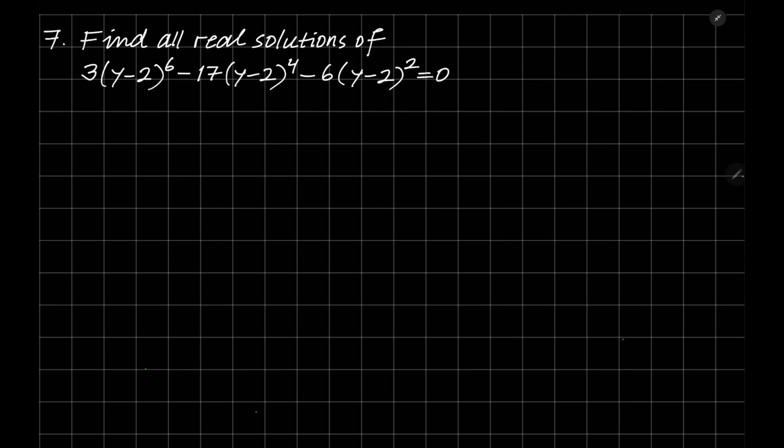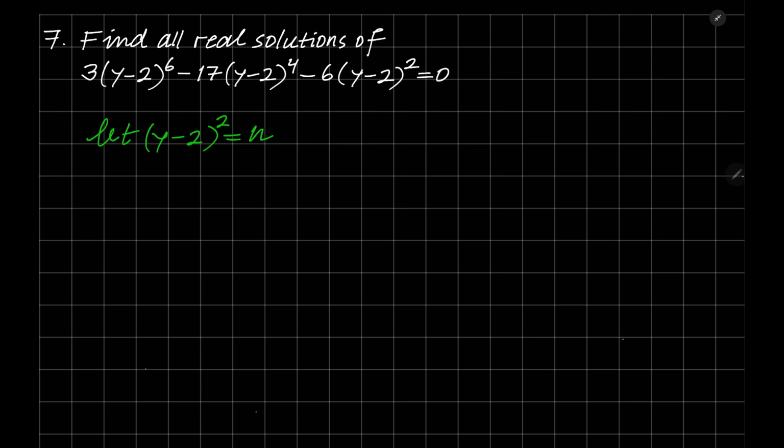Find all real solutions of 3 times y minus 2 to the power of 6 minus 17 times y minus 2 to the power of 4 minus 6 times y minus 2 to the power of 2 equal to 0. Now let y minus 2 squared be equal to n.